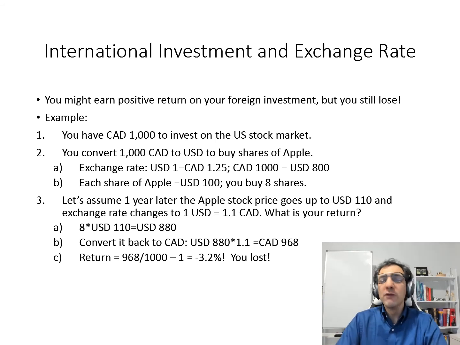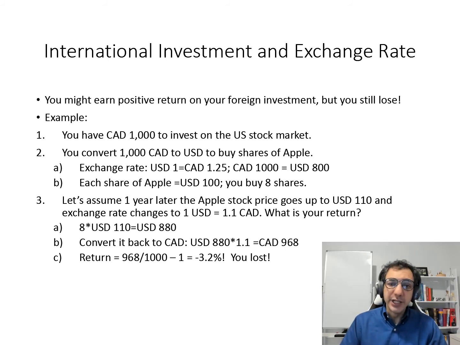In other words, you divide 1,000 by 1.25, which gives you 800 US dollars. Let's assume you are going to invest in Apple stock, and the current stock price is 100 US dollars. So you can buy 8 shares of Apple with your 800 US dollars.